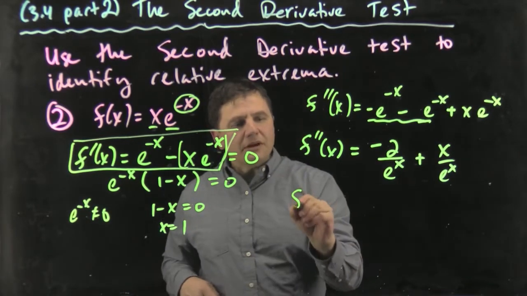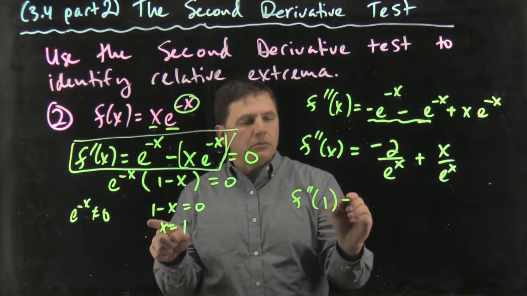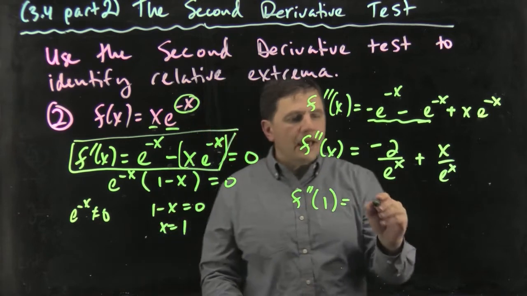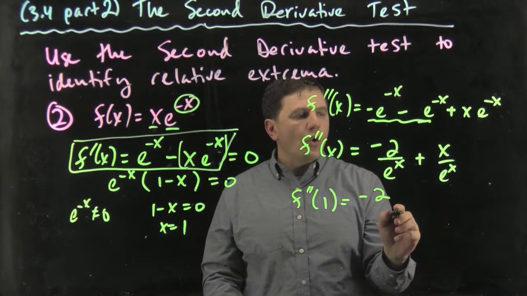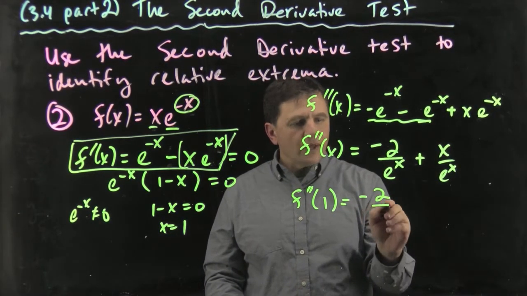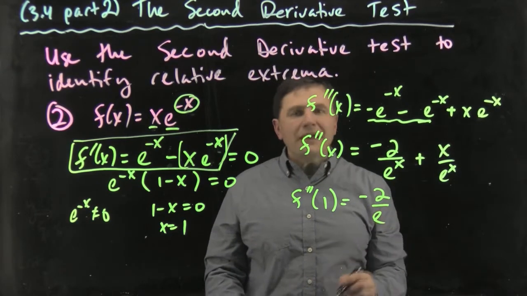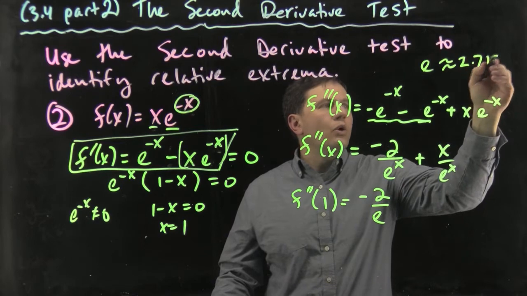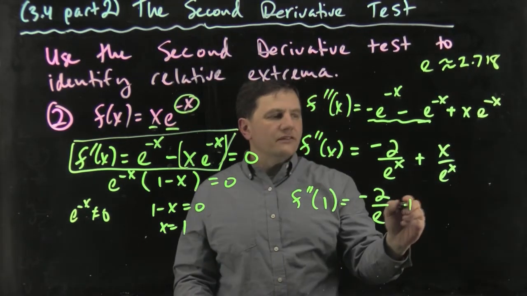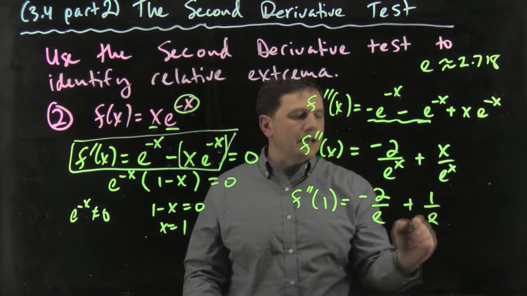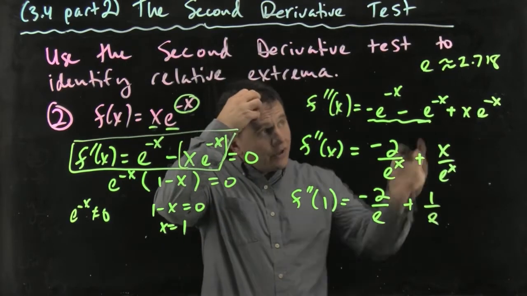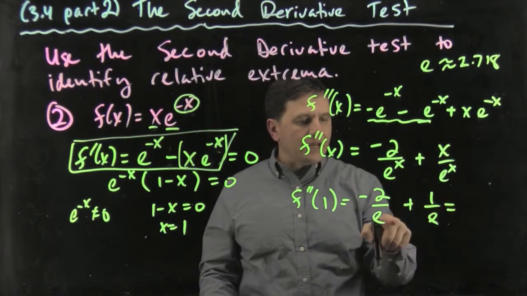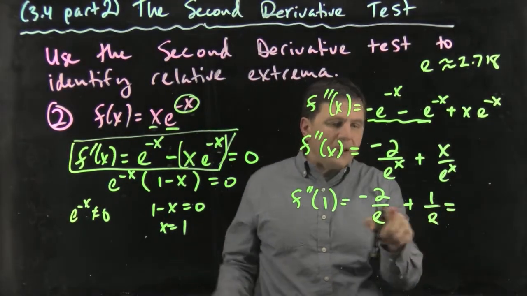Okay, so now I'm going to take this double derivative and plug in 1 into it. I get -2 over e to the first. By the way, e is roughly 2.718, plus, and now it'll be 1 over e. Actually, we don't even need to know that here, because all I have to know is whether the result is positive or negative.